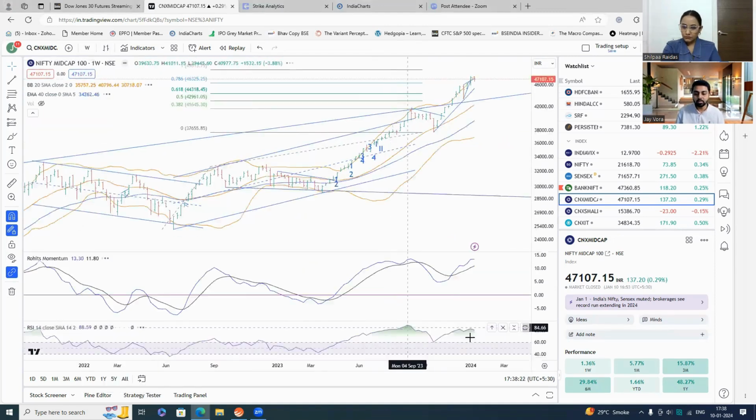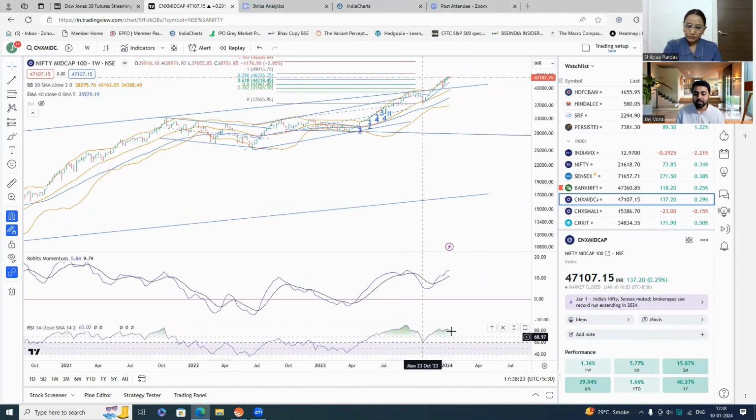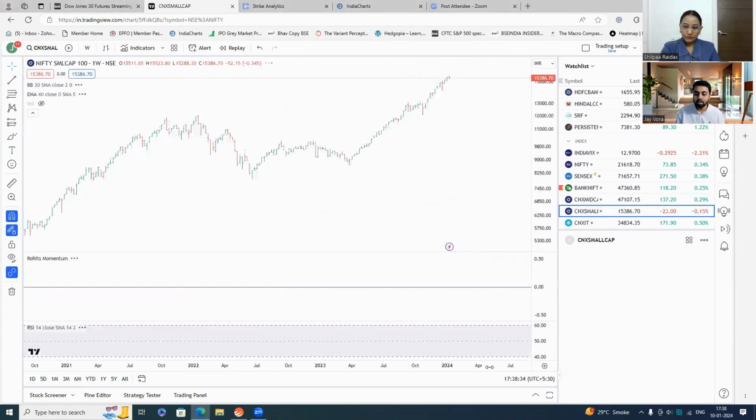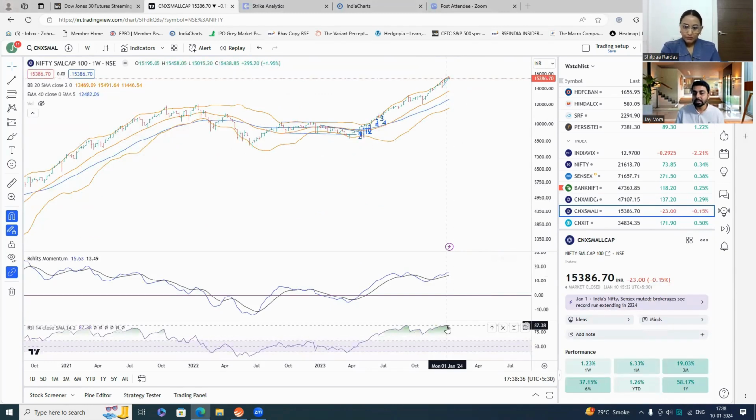When I switch to the weekly chart, I see that the RSI reading is very high, and we are seeing this negative divergence. And this is the mid cap index. But if you see the small cap index over here, the RSI is 87.